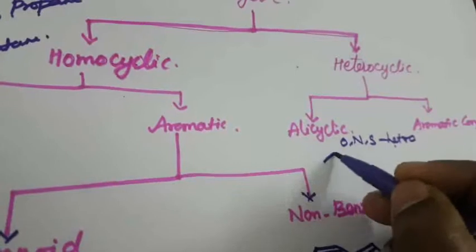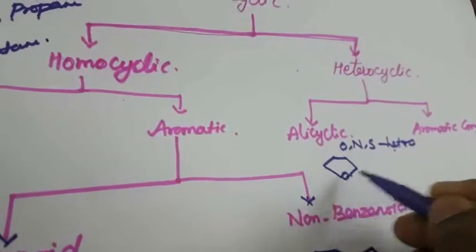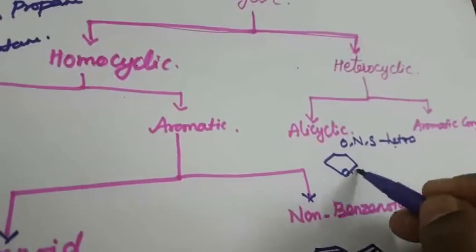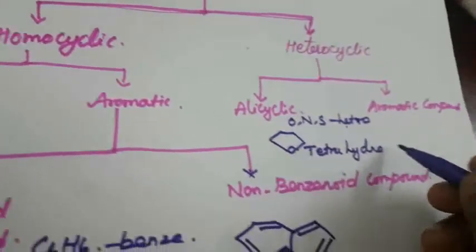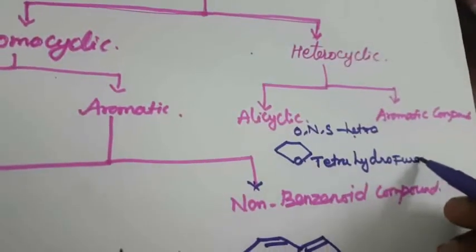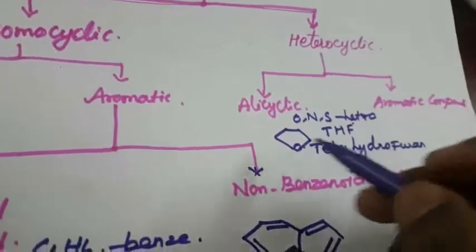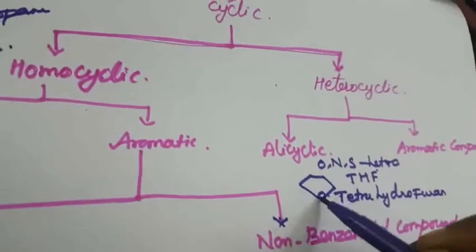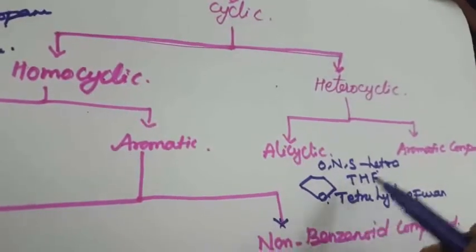So, for example, what is this? Tetrahydrofuran, otherwise THF. Okay, so this is one example. This is oxygen, an oxygen-containing cyclic structure. The alicyclic structure has oxygen, that is the heteroatom.